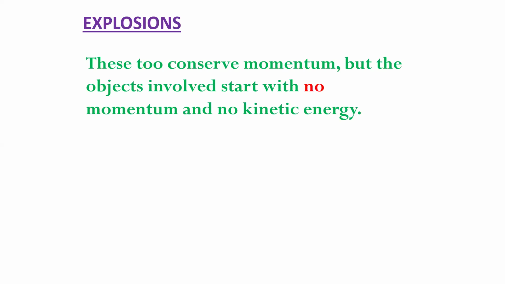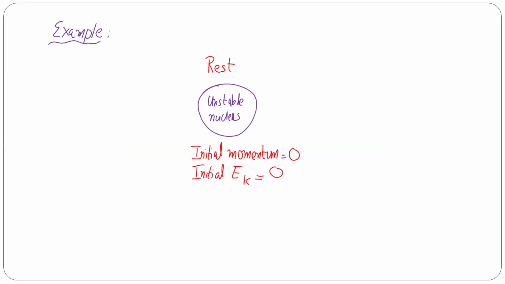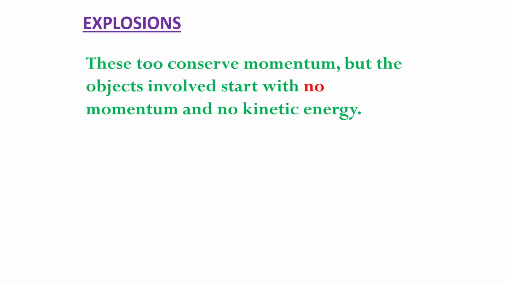The Big Bang is an example of an explosion which scientists believe is the start of the universe. So an astronaut with a jetpack used a fire extinguisher to power a small vehicle, supernova, nucleus decays into daughter nuclei. These are called explosions. So give a side heading, explosions.